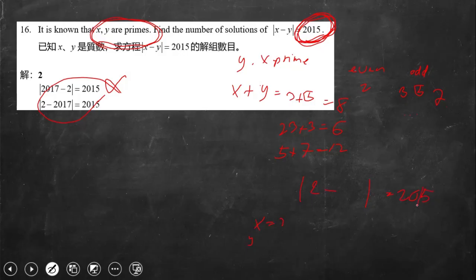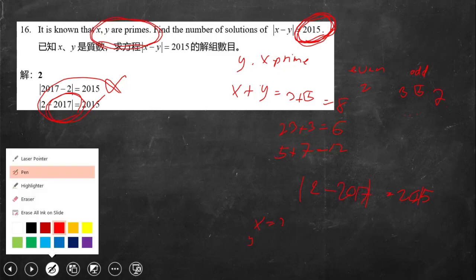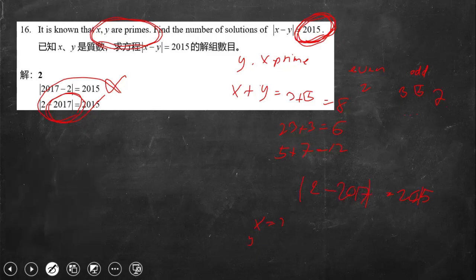What will you subtract from 2 to get 2015? That's going to be 2017. Let's consider the other way. Let's say y is 2. So something minus 2 is 2015. Well, obviously it's 2017.